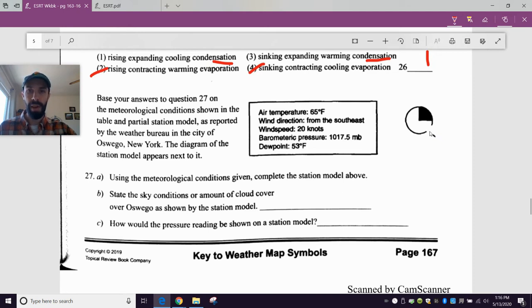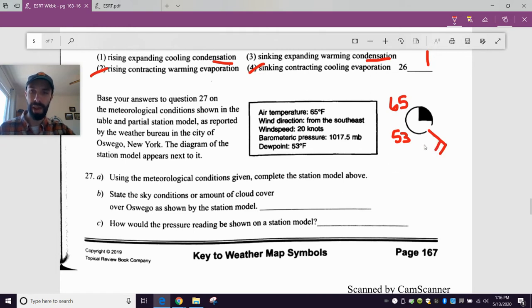First off, it says that the air temperature is 65 degrees Fahrenheit, so I'm going to write 65 right there in the top left. The dew point is 53, so I'm going to write that in the bottom left. Okay, so that's the simple part. The wind direction is the southeast wind, so I'm going to draw a line to the southeast like that. And it says the wind speed is 20 knots, so I'm going to draw 2 long lines on there.